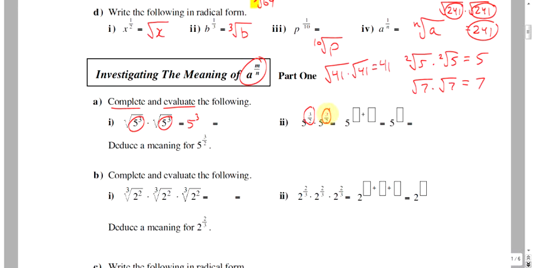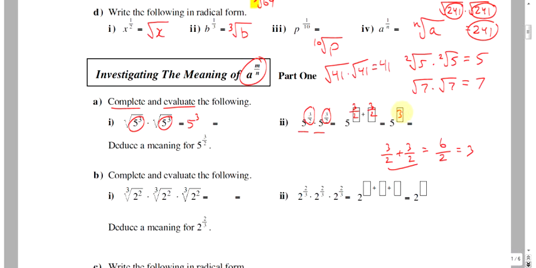Times 5 to the 3 over 2. Am I multiplying with the same base? What is 3 over 2 plus 3 over 2? I have the same, got a common denominator. 3 and 3 is 6. How many times does 2 go into 6? Yeah. What's 1.5 pies and 1.5 pies? 3 pies.